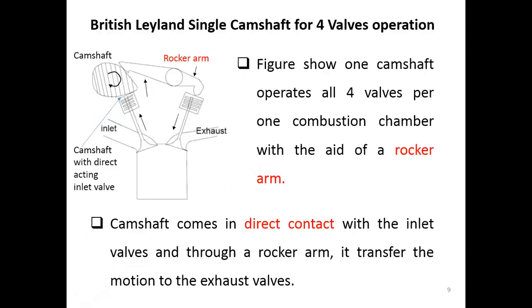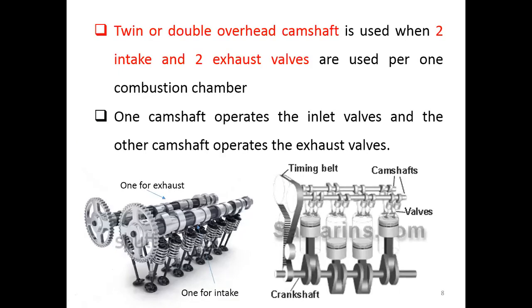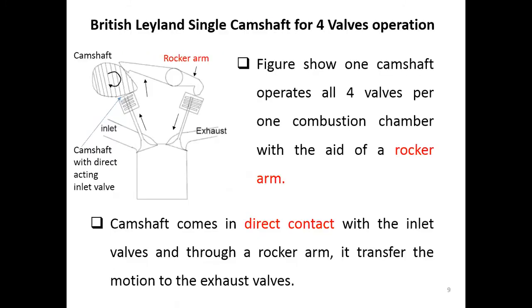People also came up with four valve operation. That means two intake valves and two exhaust valves using one single camshaft, with no need to use two camshafts. The reason is that they want to reduce the inertia that happens due to more parts installed in the engine.